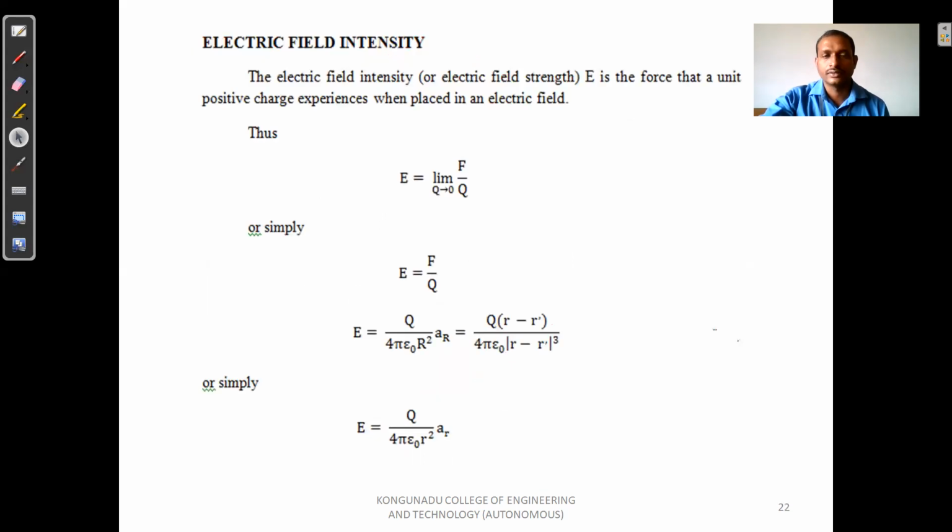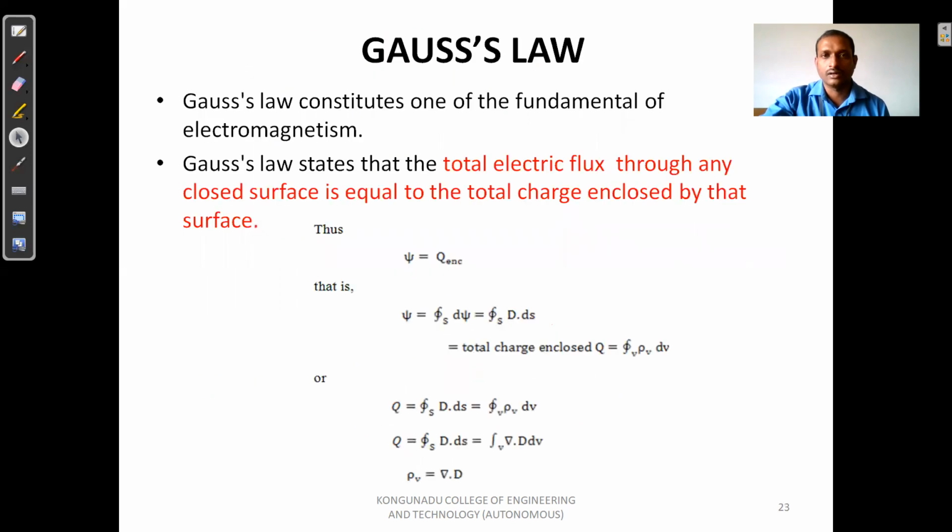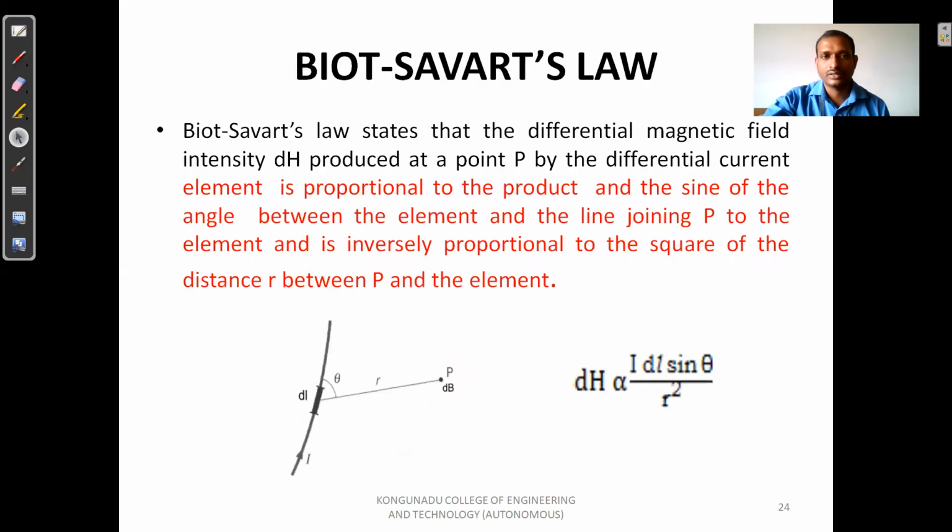Electric field intensity is equal to F by Q, that is force divided by charge. Gauss law: the total electric flux passing through any closed surface is equal to the total charge enclosed by the surface, so psi is equal to Q enclosed. Next is the Biot-Savart law. At point P, the magnetic field intensity due to the current element can be calculated with the help of the Biot-Savart law: dH is directly proportional to I dl sin theta by r square.